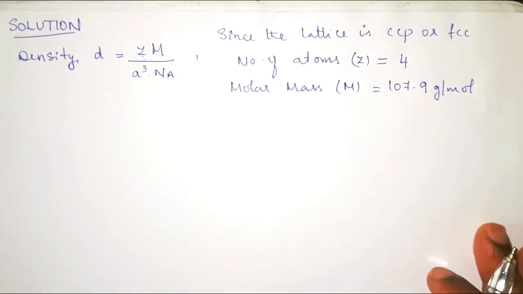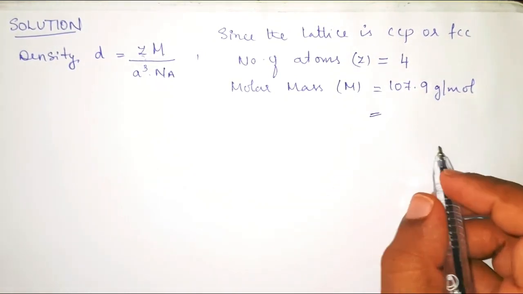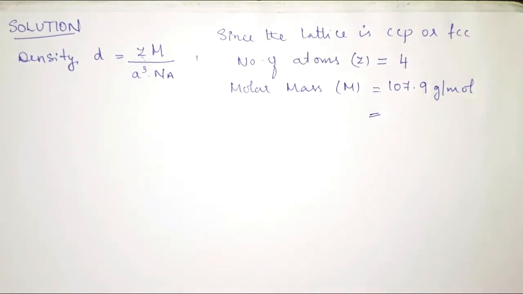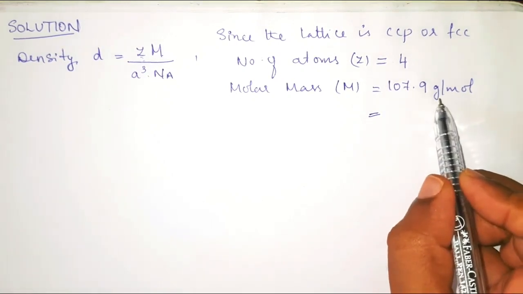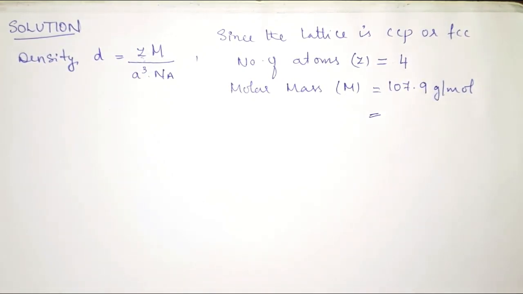Here, since it is in grams, you can convert it to kilograms, because we are converting picometer to meters. So you have to convert grams to kilograms. You know how to convert grams to kilograms, isn't it?